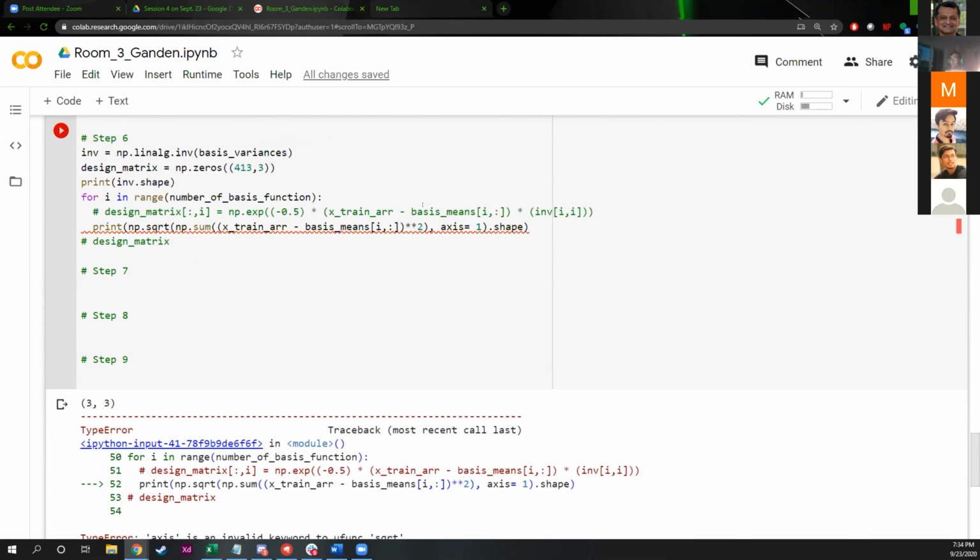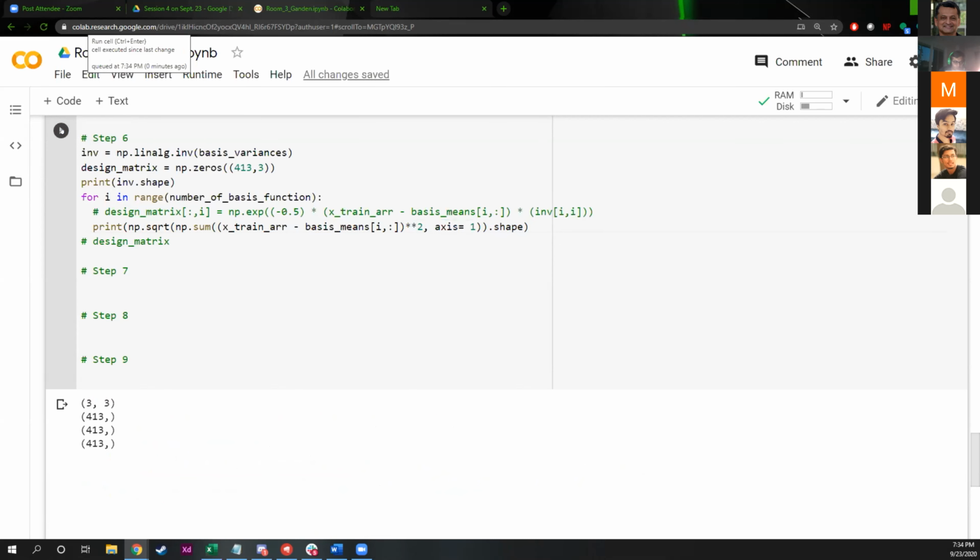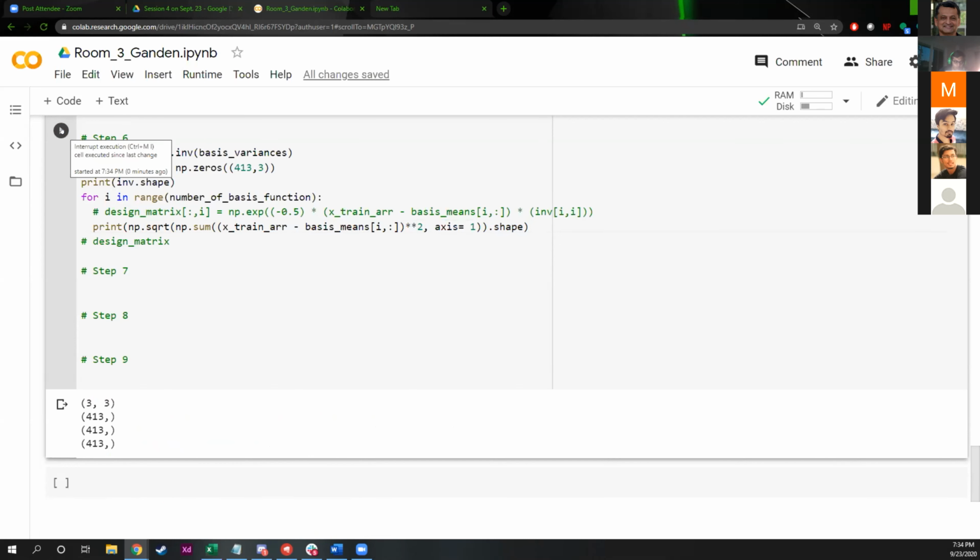So it has square root added to sum. Okay, fine. Just add it. We're getting 413. That's fine.